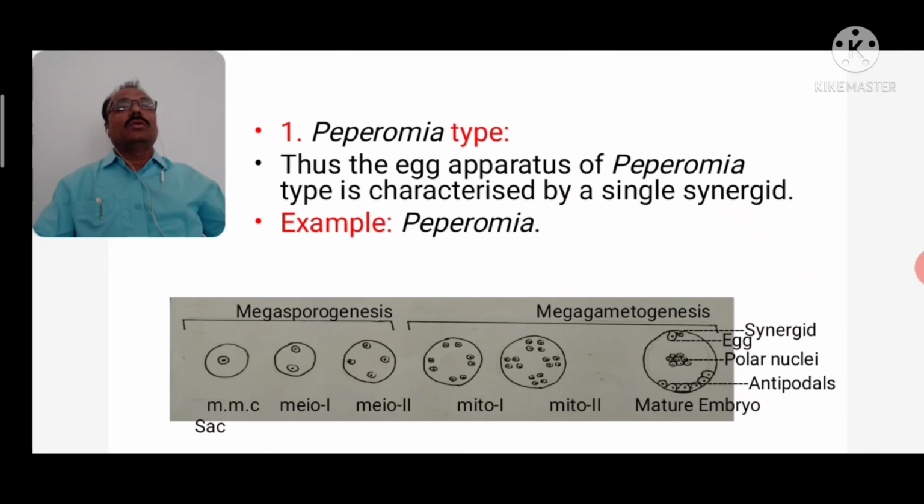Of these, 2 nuclei at the micropylar end form egg and synergid. 8 fuse in the center of the cell to form polar nuclei, and the remaining 6, which are cut off by membranes at the chalazal end, may be compared with antipodals. Thus, the egg apparatus of Peperomia type is characterized by a single synergid. For example, Peperomia.